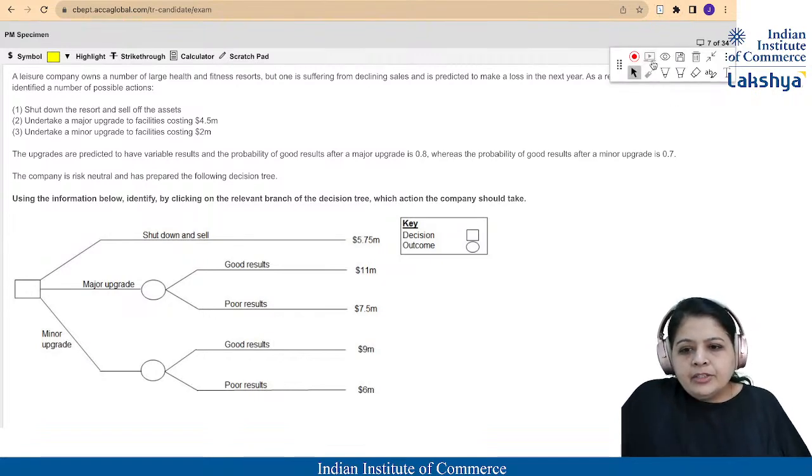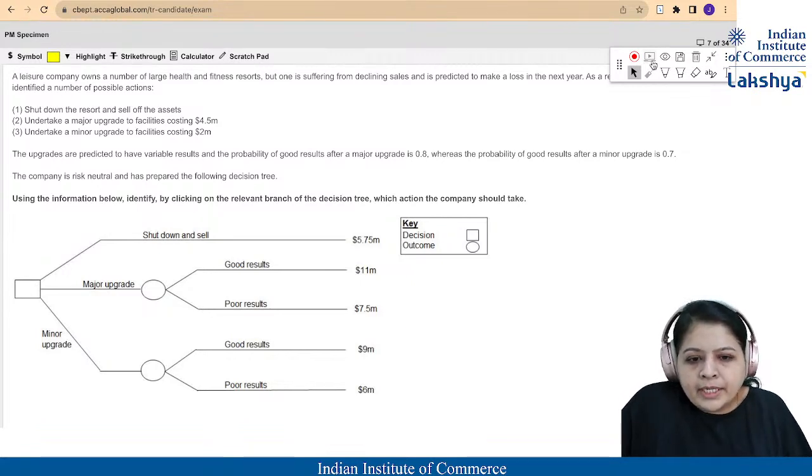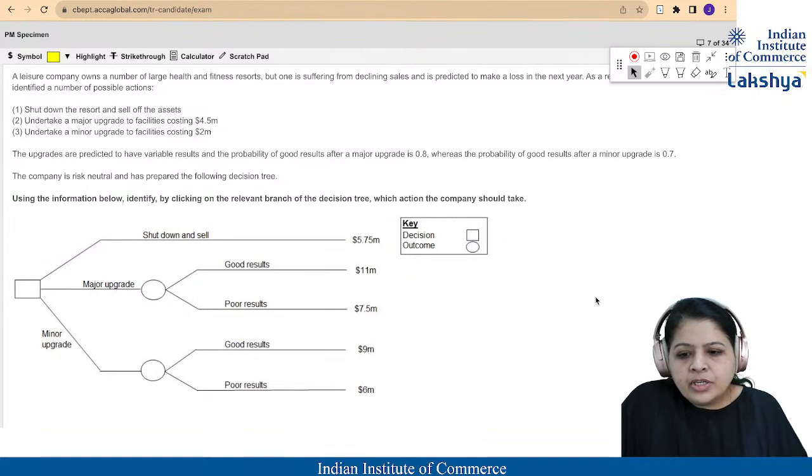The upgrades are predicted to have variable results, and the probability of good results is 0.8 for the major upgrade, and that of good results for the minor upgrade is 0.7. The company is risk neutral and has prepared the following decision tree, which is shown up here, and we need to figure out what the company should do, right?